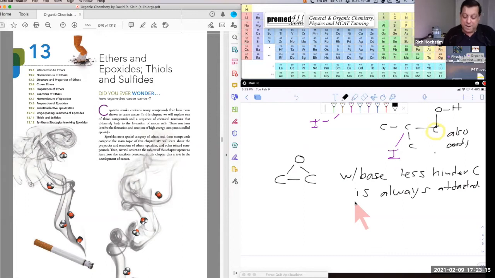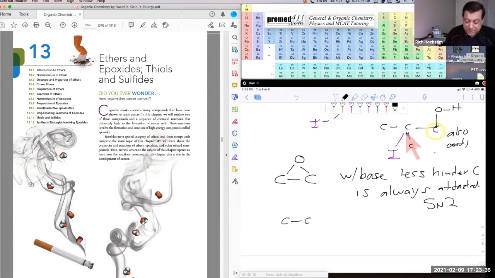So we're talking about it's SN2. Now, you got to be careful with this because when you see a tertiary carbon, you can't say the nucleophile will go there if it's basic. You could only say it'll go there if it's acidic because the mechanisms are going to be different.